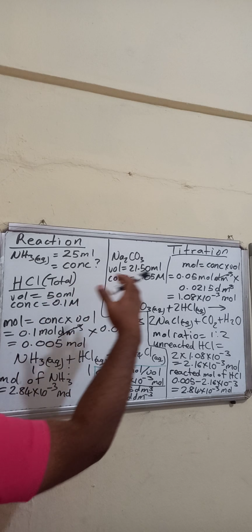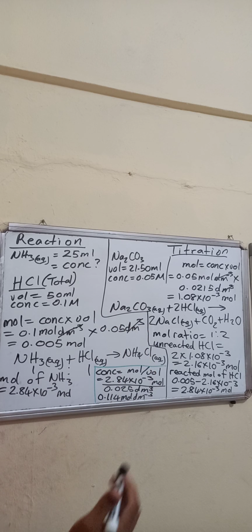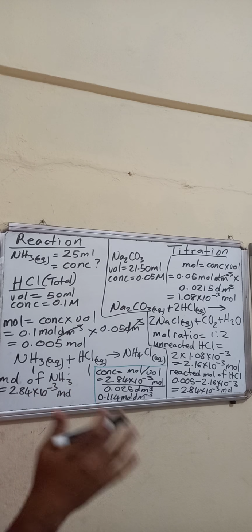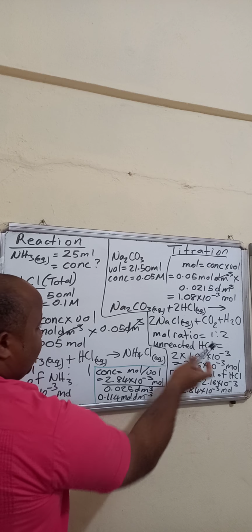For the reaction, calculate the moles of the substance that you have the concentration and the volume for. Once you get the moles, write your balanced equation, write the mole ratio. You stop there. Come over to the titration. You would have been given the volume and concentration for a substance used in the titration, whether it's acid or base. Work out the moles for it. Write the equation for the titration. Again, use the mole ratio to get the moles of what you want. In this case, we wanted the mole of HCl.